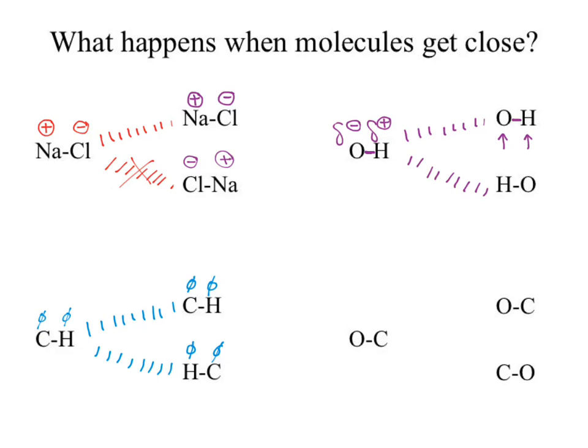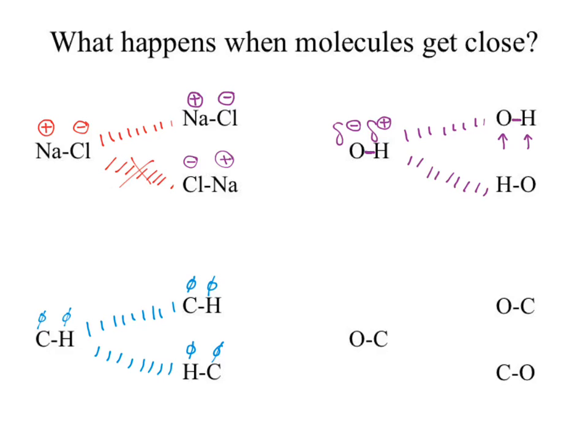And that trend says that for electronegativity, where's our most electronegative element? The upper right corner. Fluorine is our most electronegative. And our least electronegative? The lower left. Which is closer to fluorine, oxygen or hydrogen?